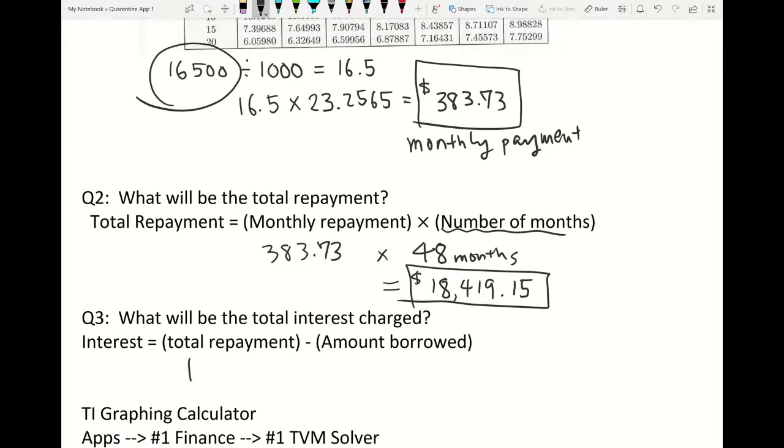The total payment is $18,419.15, but then you subtract the original money that you borrowed, $16,500, and you get $1,919.15.